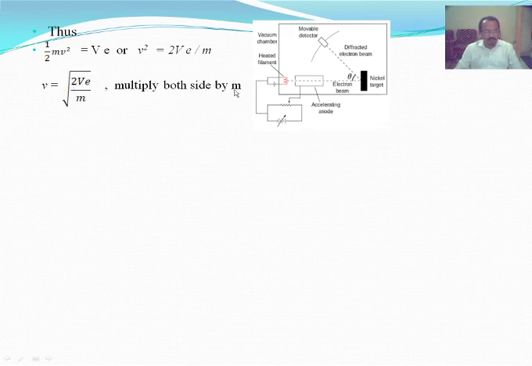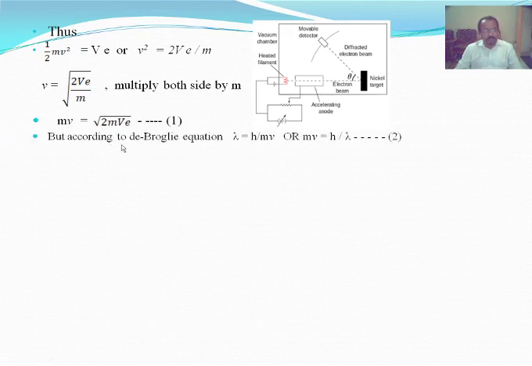Multiply both sides by m. If we multiply here by m, it will be v into m. If you multiply here with m and then transfer that m inside the square root, it will give m square. Now this m square and this m, one m will get cancelled, and we will get the final equation mv is equal to under root 2mVe, equation number 1.